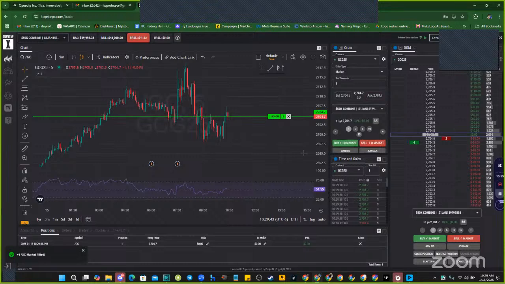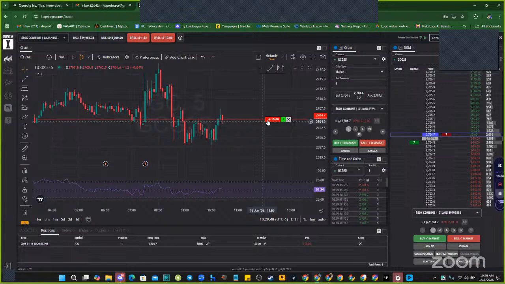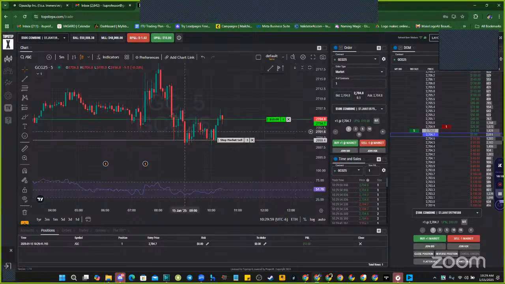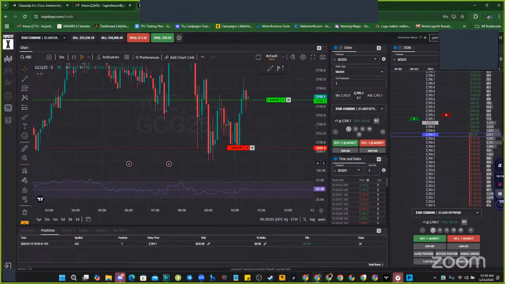All right, so one contract buy placed on gold, and it even shows you how much you would lose depending on where you placed your stop loss. So I'm keeping it tight, nothing too crazy. And I will close, right?